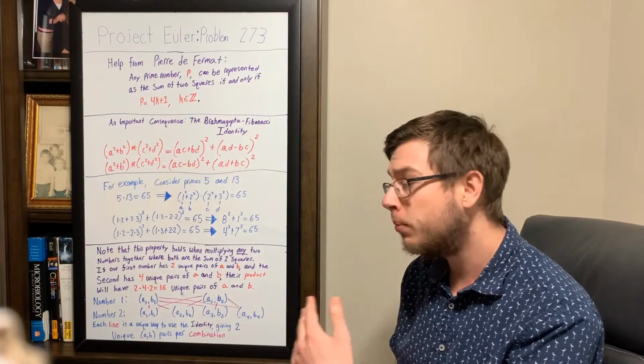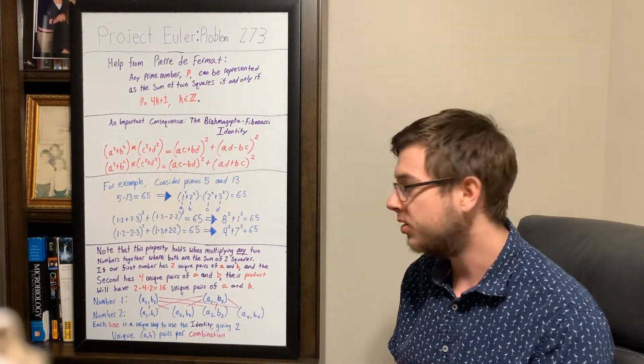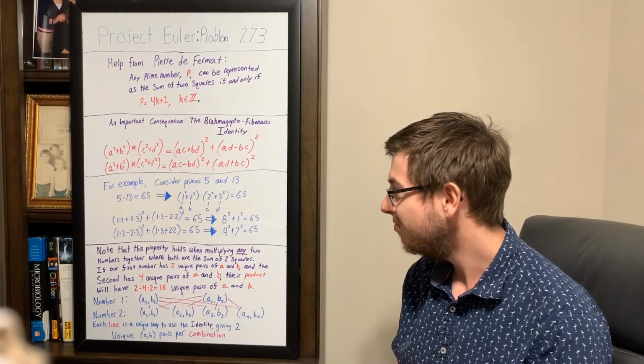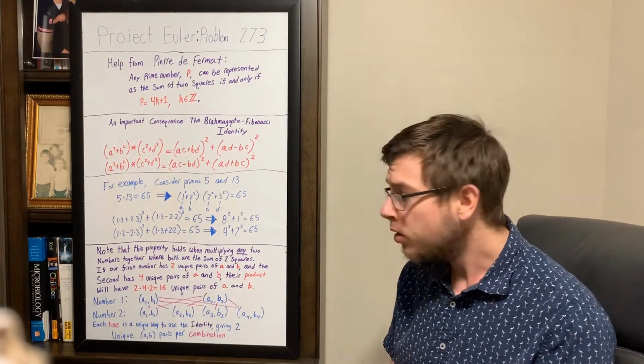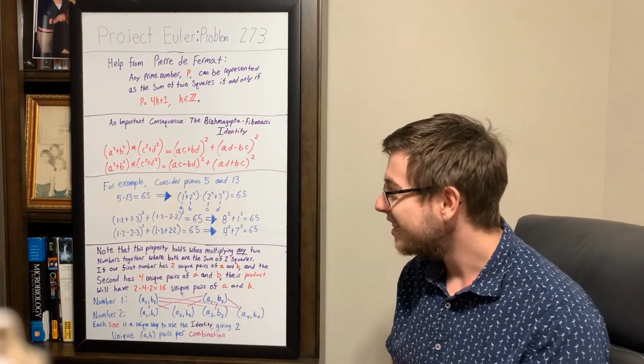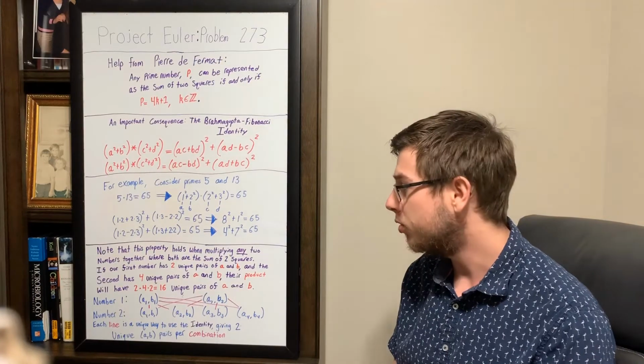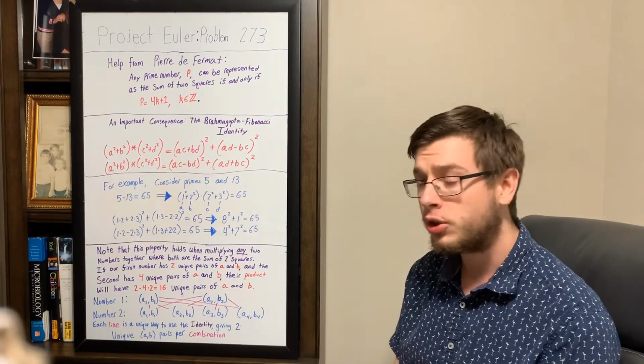And say a second number has four unique ways that it can be represented as the sum of two squares. Then the product of those two numbers will actually have 16 unique ways that it can be represented as the sum of two squares. How so?